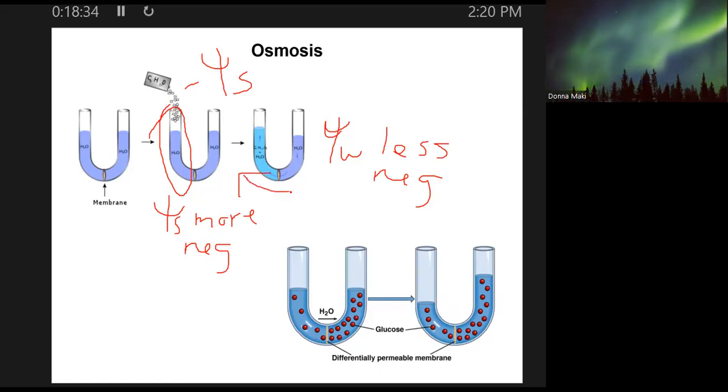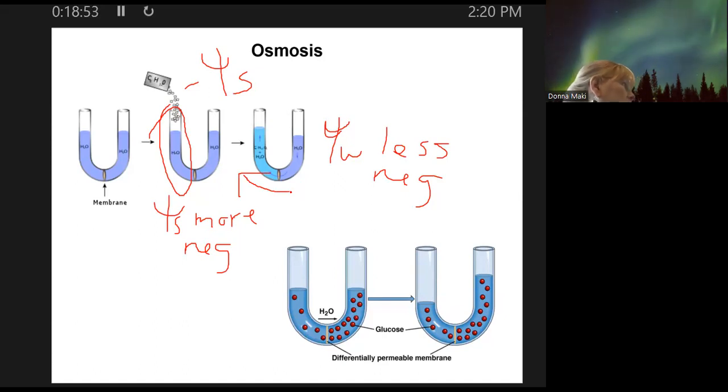Water is going to move through that membrane and go into the left side where the sugar is dissolved. One way to phrase it is that the water wants to dilute out the sugar to make it an even concentration, so you can think of it that way if you want.